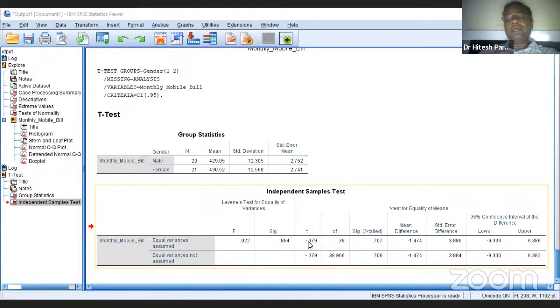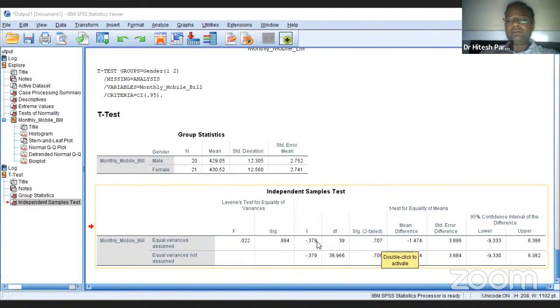And if the t calculated crosses the value of 1.96, then your p-value will automatically suggest a significant difference. So there is a relationship between the t statistic and the significance value, the p-value. The higher the t calculated, the smaller the p-value. And if it is greater than 1.96, your p-value will be less than 0.05.